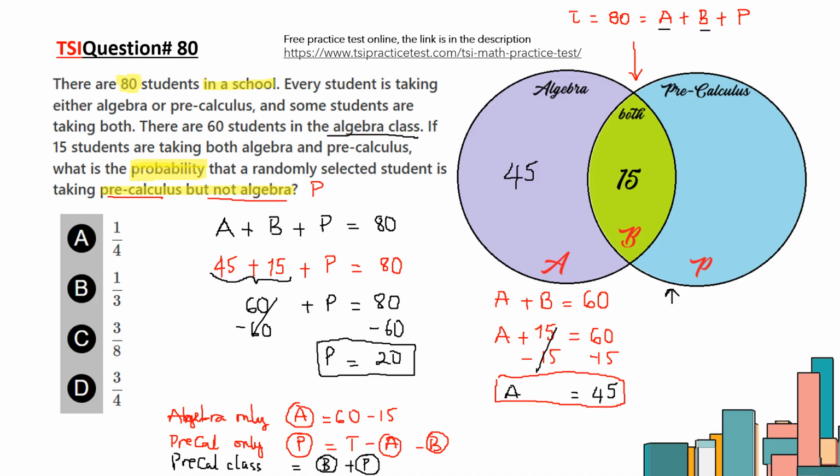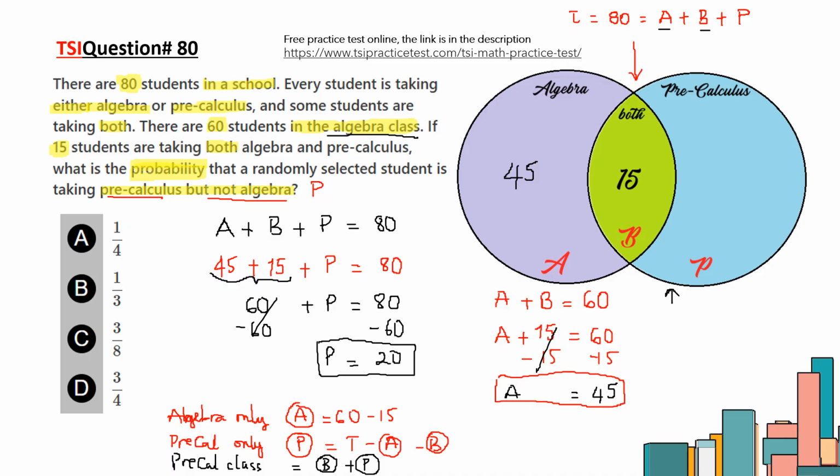Every student is taking either algebra, pre-calculus, or both, which means no student takes no class. 60 in algebra class and 15 taking both are keywords, and you have to know them to draw the diagram so it makes it more clear.